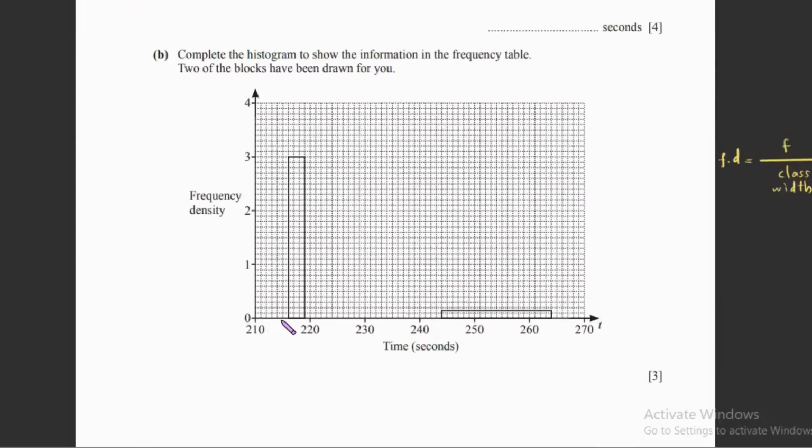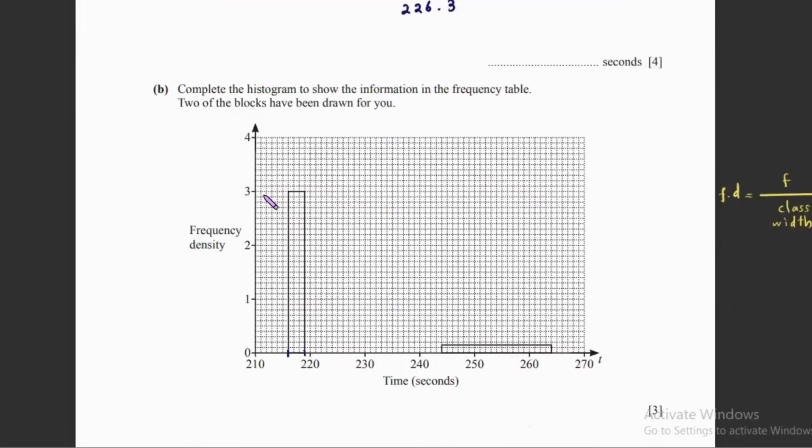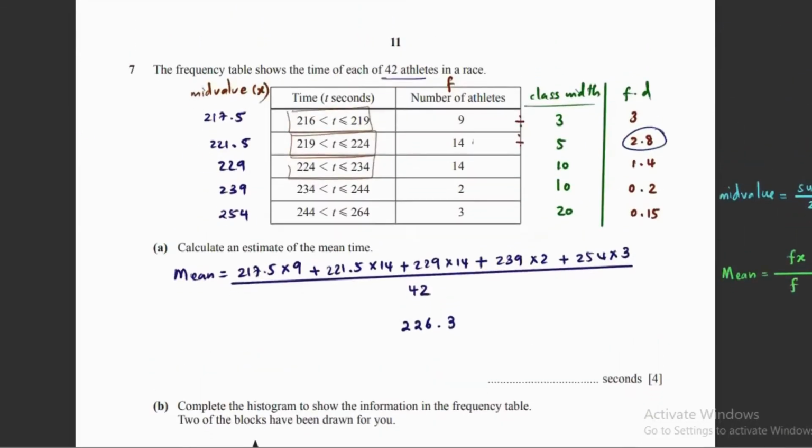Now here, the frequency density value is given to us. So this is 200, and now here the value given to us is 216. This is 219. So 216 to 219, this one's frequency density is, I'm sorry, not 2.8. We have 3.